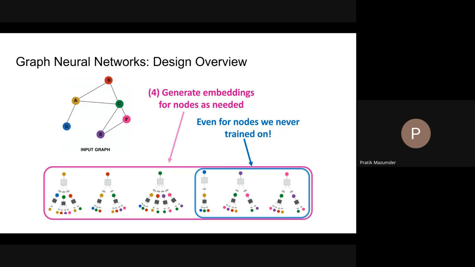At this point, you can apply it to all kinds of setups, whether supervised or unsupervised, because you already know how to extract features from your given graph for every node. Okay. So we'll briefly look at a sample code for a graph neural network to get a better idea about this.